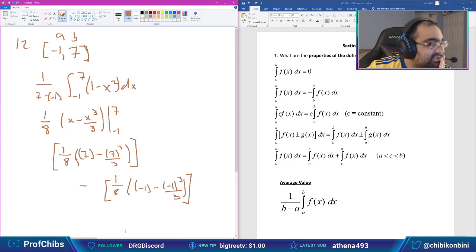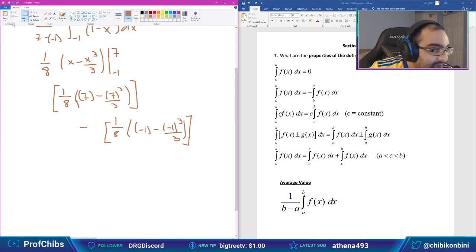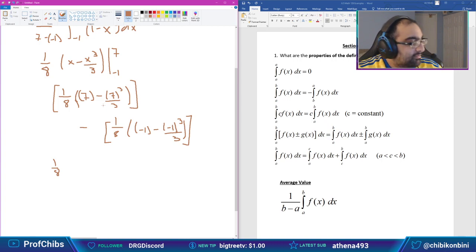Let's clean this up a little bit. Looks pretty ugly. Make it look nice. Here we get 1/8, and then in the first one here we get 7 minus 7 thirds. Figure out what that is.